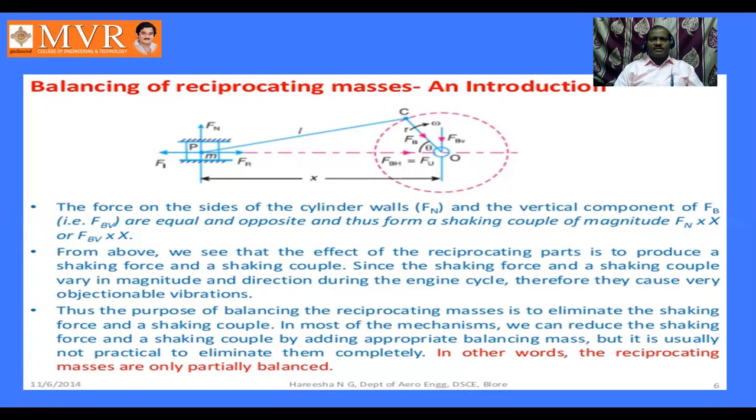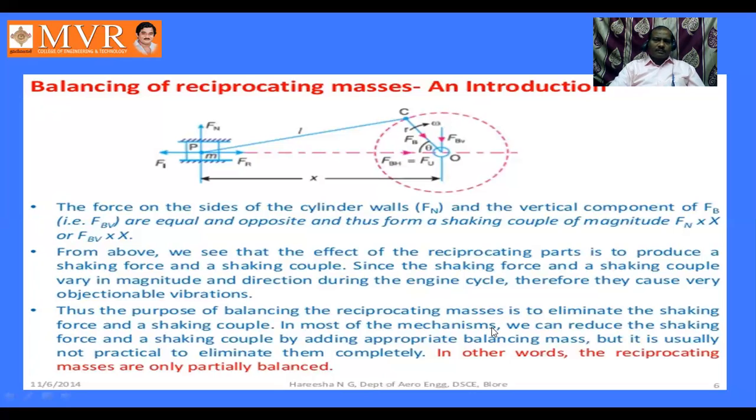So what are the inferences from this slide? First, the forces are opposite and equal. It may be in the horizontal direction or the vertical direction. It can be represented by Fn into x or Fbv into x, the vertical component or normal component; here two are there.